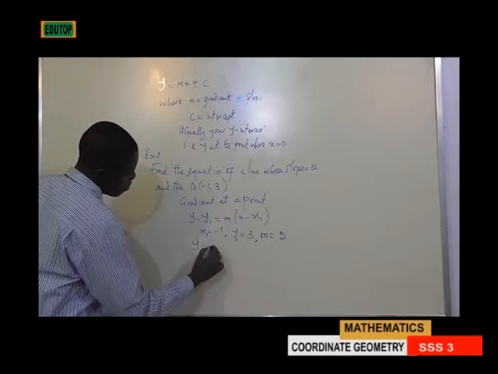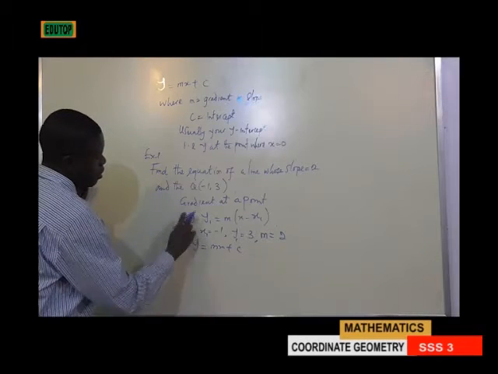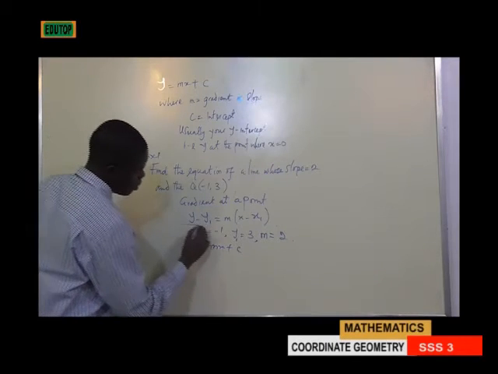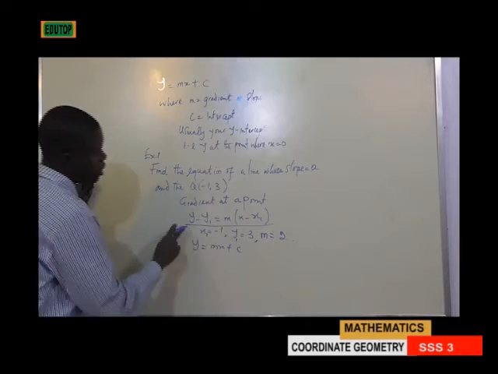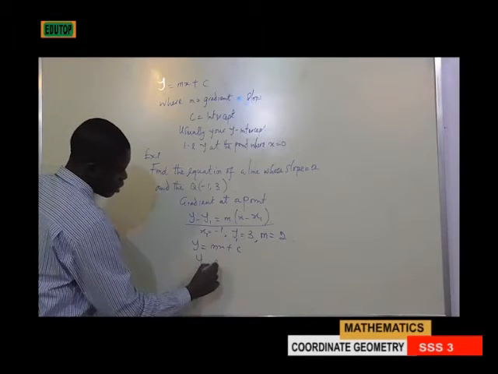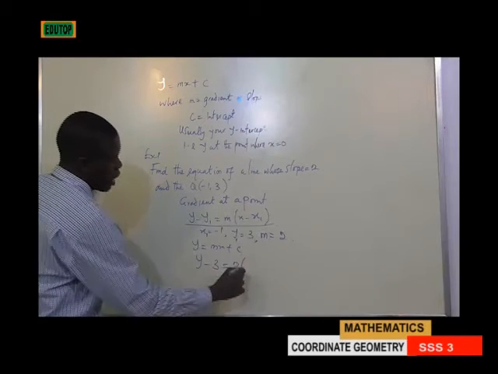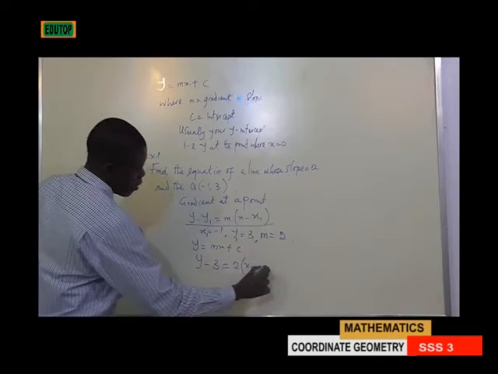We have y equals mx plus c. So our y here is what we use as a template. Then here you have y minus y1. What's our y1? 3, equals m which is 2, into x minus x1, which is minus 1.